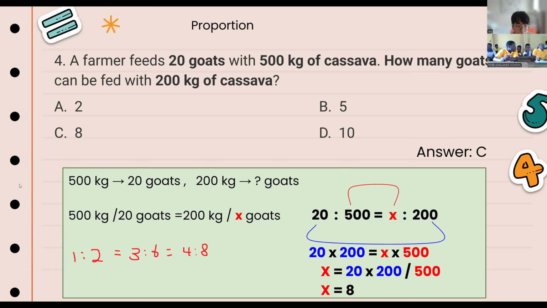But if it has a number like in our case, 20 to 500 equals X to 200, you multiply what's in the middle and then equate that by multiplying the ones on the outside. That's how you solve for X. I hope this makes sense to everyone, but I will be moving on to the next question.